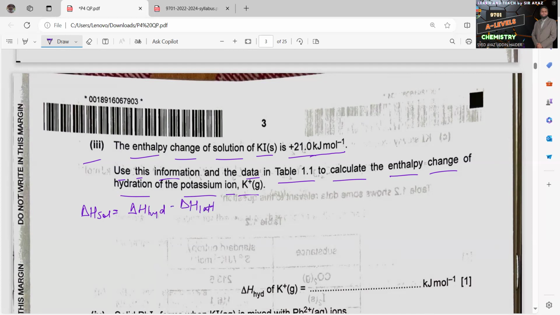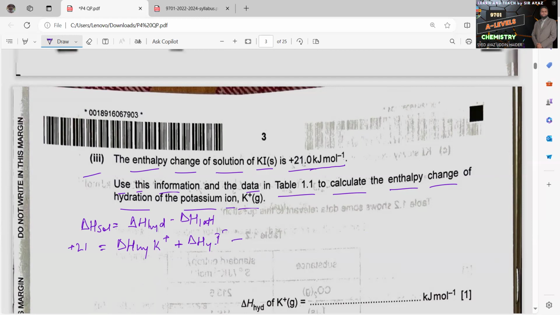Delta H solution is given, so you can write here plus 21. For delta H hydration, I will write delta H hydration for K plus, it should be added to delta H hydration for I minus, minus delta H lattice for potassium iodide.